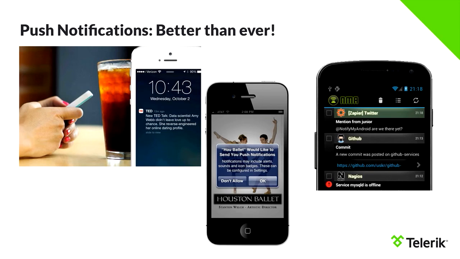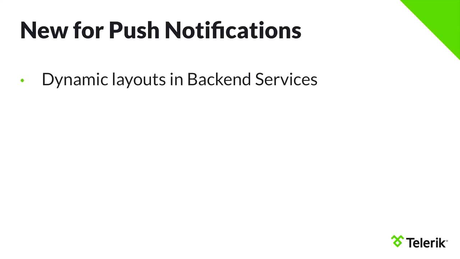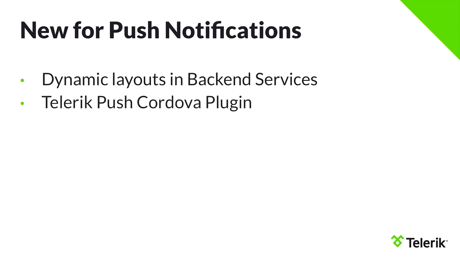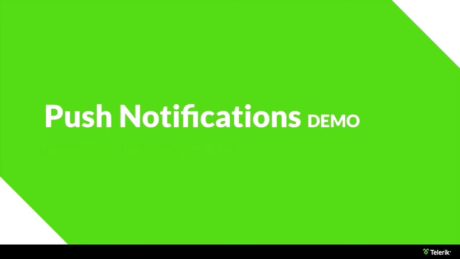Today I'm excited to announce that we've added some new features to backend services that will help make push notifications better than ever, including dynamic layouts for your backend services dashboards so that you can focus on the features that you care about in your apps, a fully featured Telerik Push Cordova plugin that makes it even easier to get started with push in the platform, updated documentation, and finally a simplified JavaScript SDK so that when you're getting started with push it's even simpler and there's even less work for you to do as a developer in your apps. But enough talk. Let's actually take a look at some of these new features in action.